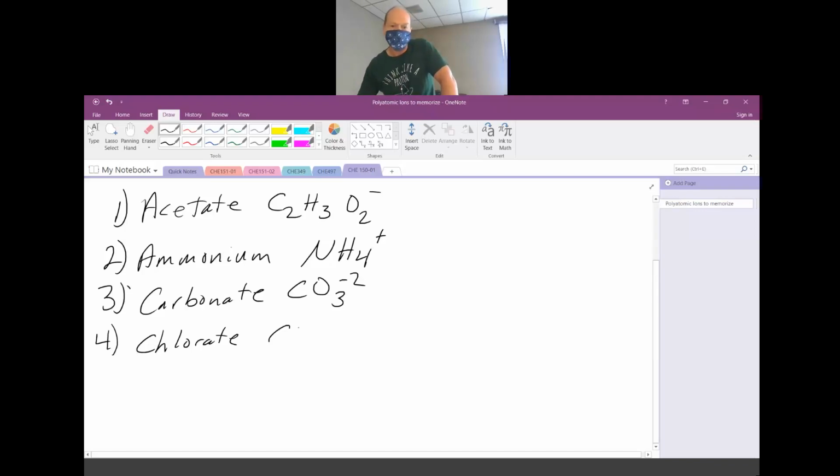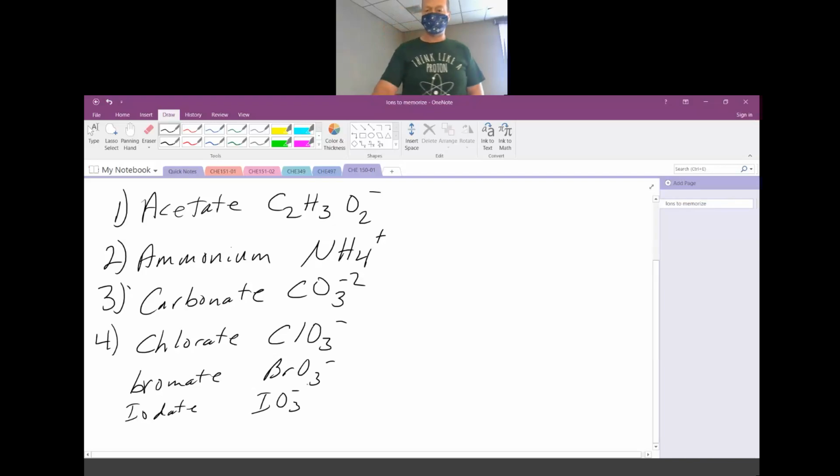So chlorate is ClO3 minus. Bromate, I'm putting it as the same number 4. Bromate is BrO3 minus, and then iodate is IO3 minus. All right, so that's periodic trends.